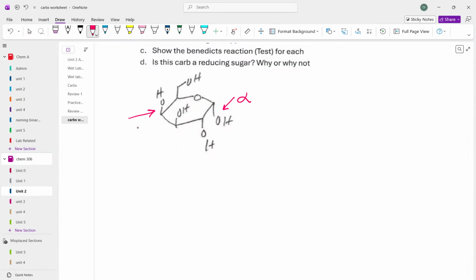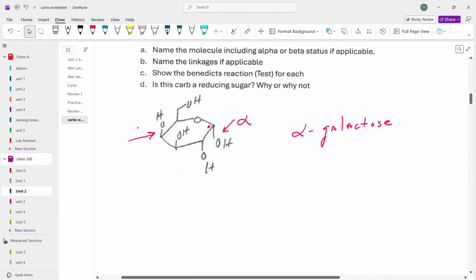We put a dot on the anomeric carbon. So that's going to be alpha galactose. Name the linkages: there are no linkages. Linkages are only on di, oligo, and polysaccharides. Monosaccharides have no linkages.